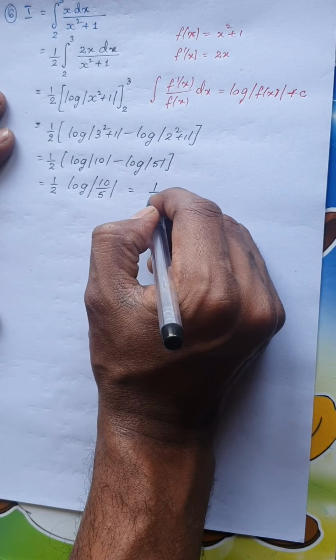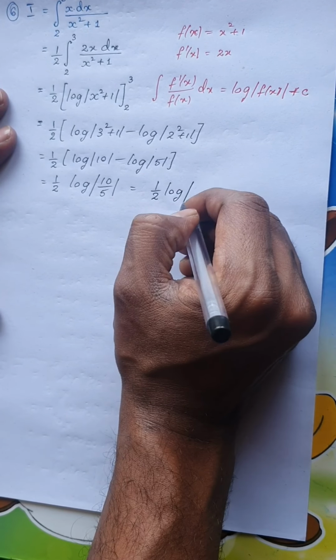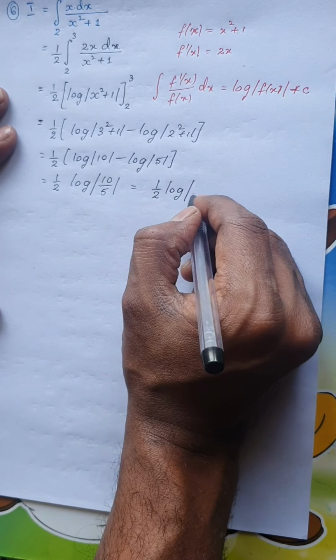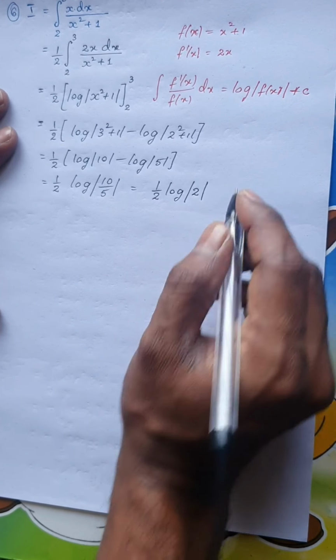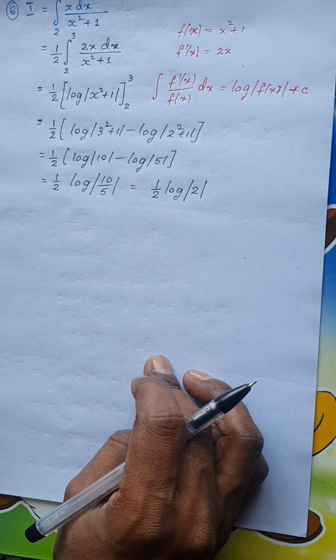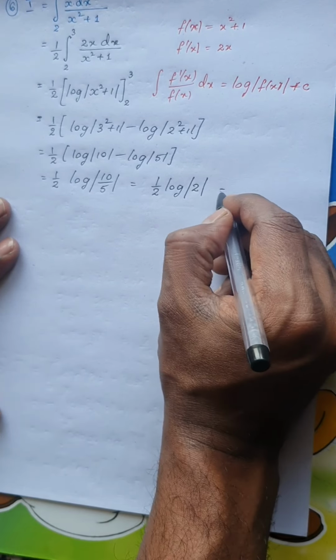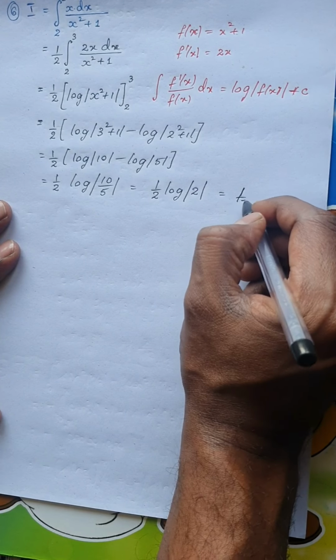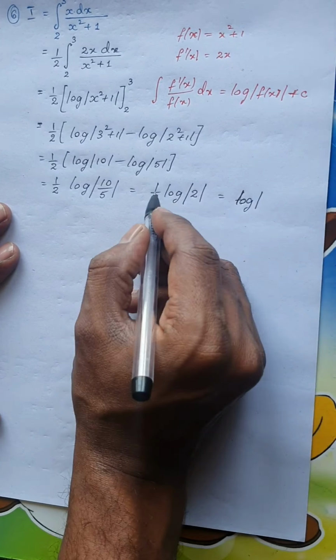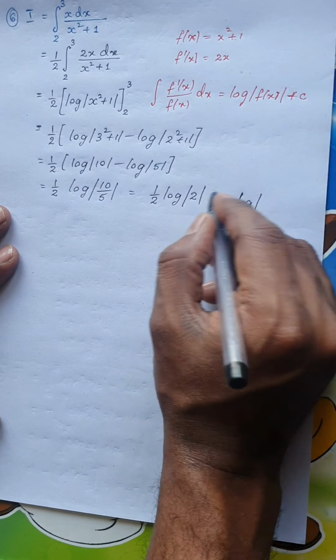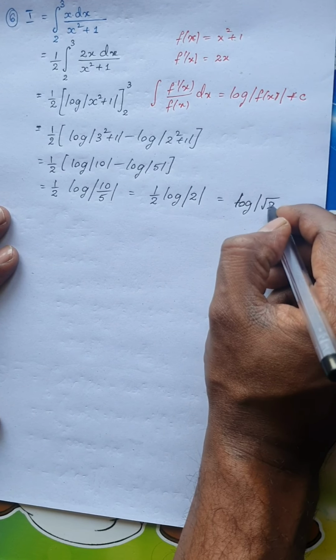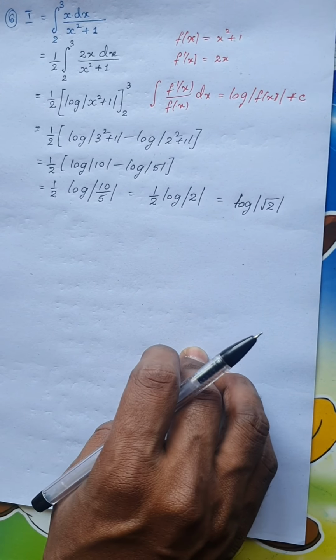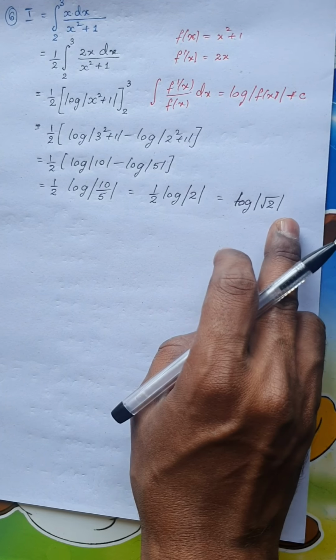So this can be further written as half of mod 10 by 5, which is 2, isn't it? So it is half log of mod 2. You can further write this as log of mod 2 power half, that is nothing but root 2. So the final answer for this would be log of root 2.